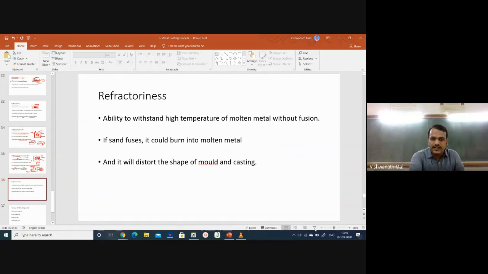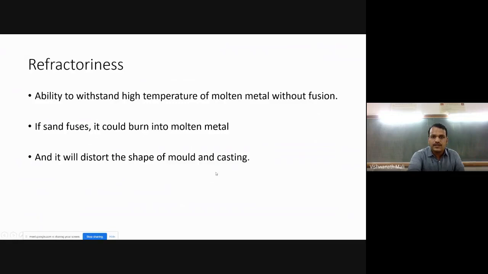If it gets fused, then what happens? Let's suppose this is the cavity, and suppose here is the sand which got fused with this molding sand.